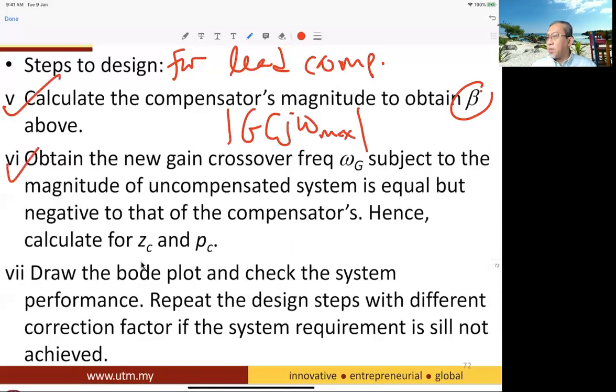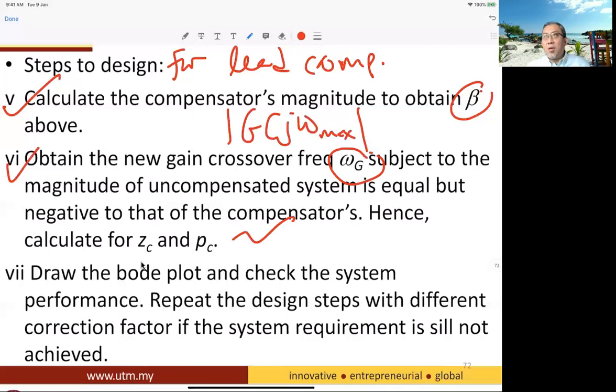Step number 6 is you have to obtain the new gain crossover frequency, omega GM, subject to the magnitude of the uncompensated system being equal but negative to that of the compensator. Hence, calculate the ZC and PC. Okay. And the final one is to draw the Bode plot, and check the system performance.